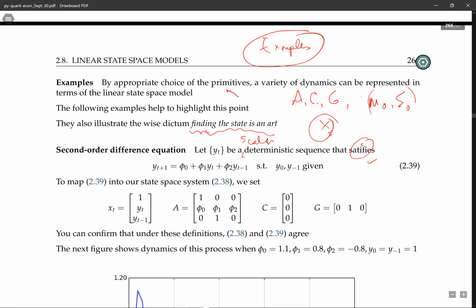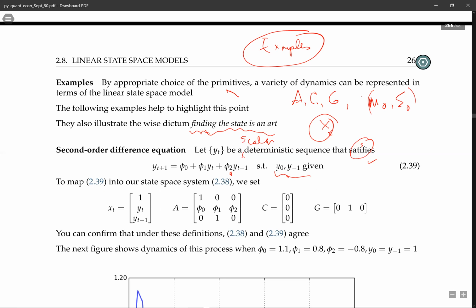It says Y_{t+1} is equal to phi 0, a constant, plus phi 1 YT plus phi 2 Y_{t-1}. There's no shock. And Y0 and Y minus 1 are given. Samuelson showed that a multiplier accelerator system, one of the first rigorous Keynesian models, had this form.